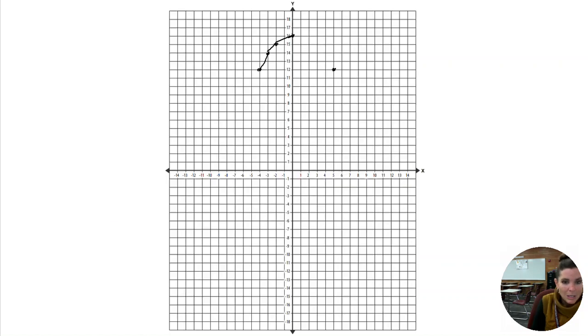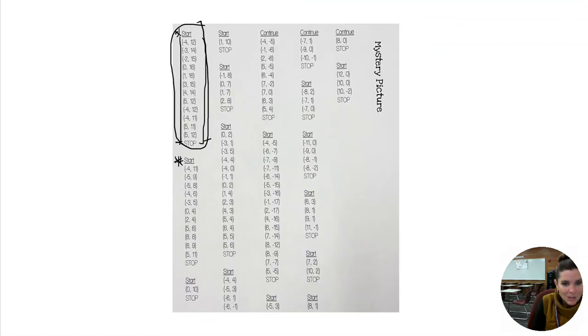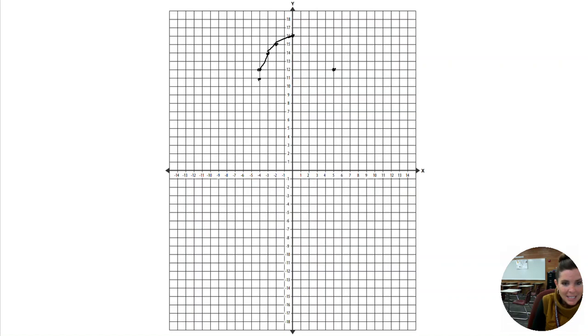So (-4, 11) would be to the left 4 and up 11. The next one you're going to combine with that is (-5, 9), so to the left 5, up 9. Those 2 will connect with each other.